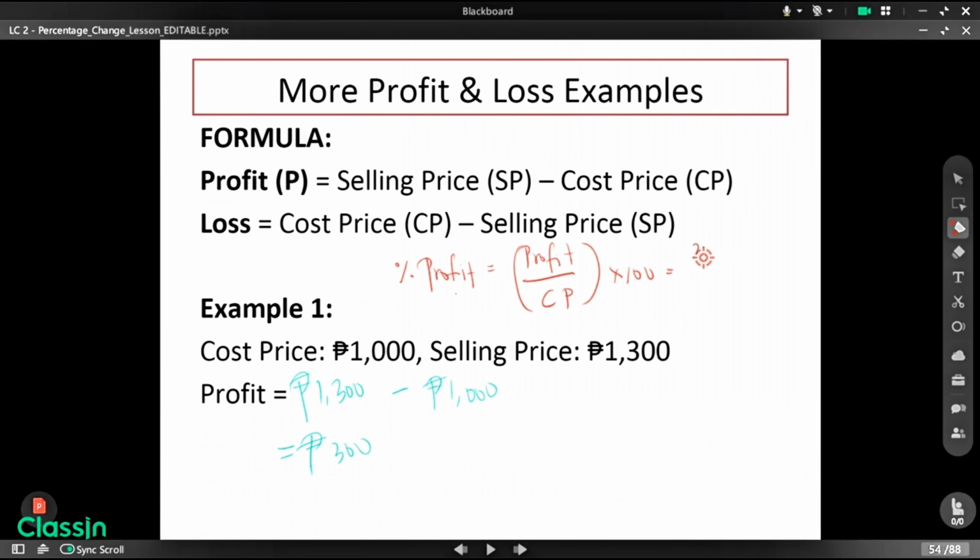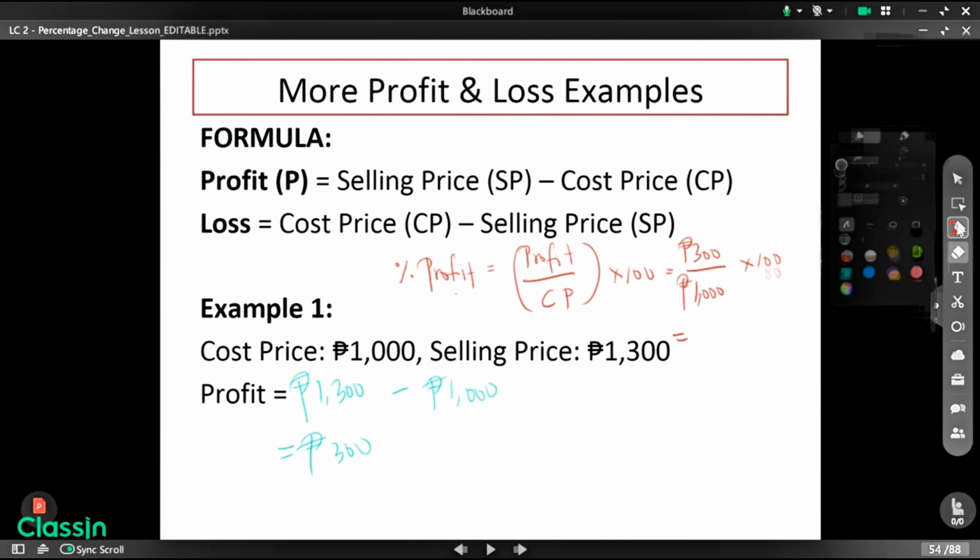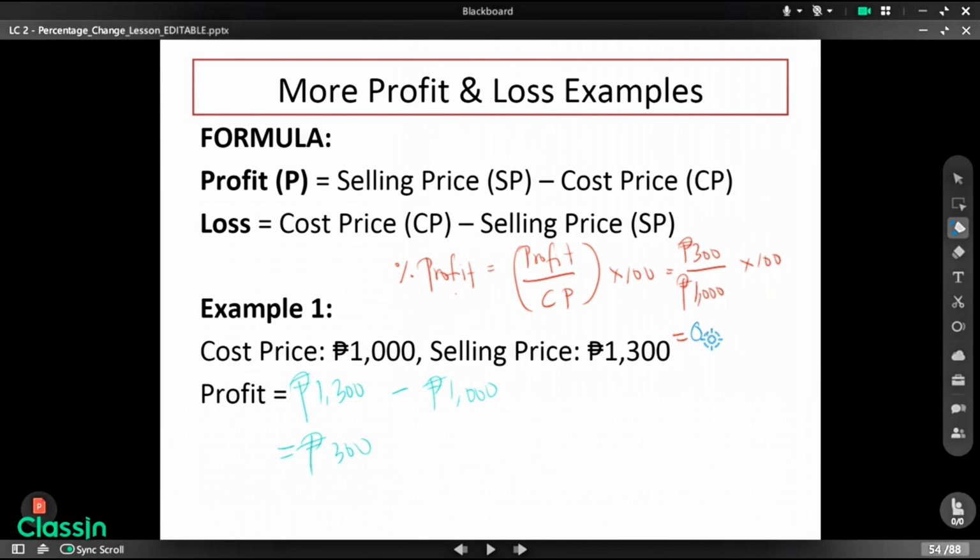The answer is 300 pesos divided by 1,000 pesos times 100. The answer is 0.3 or 30%.